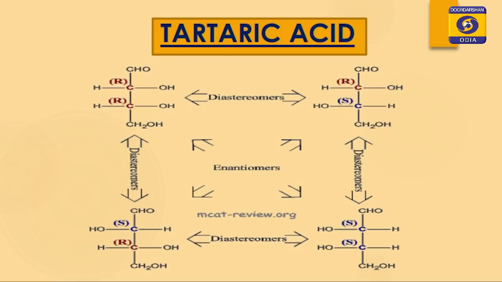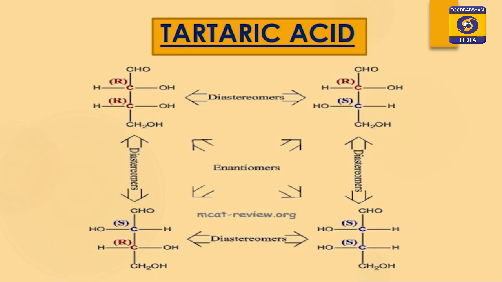So, there are 2 chiral centers or 2 optically active carbon centers. Tartaric acid exists in these 4 structures. Try to look at the configuration: here is H H, here is H OH, here is OH H and here is OH.